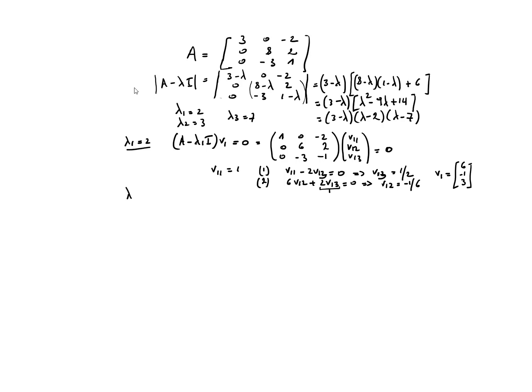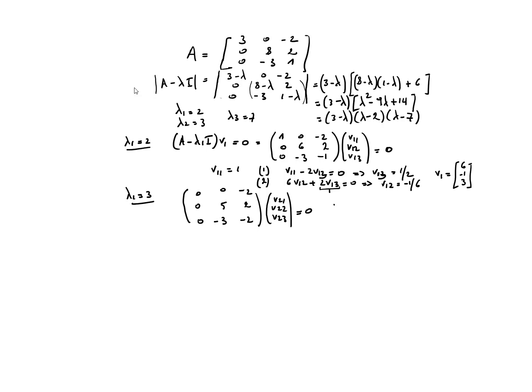Now lambda 2 is equal to 3. This leads to the following system: 0, 0, minus 2; 0, 5, 2; 0, minus 3, minus 2, times v2, with components v21, v22, and v23, equal to 0.